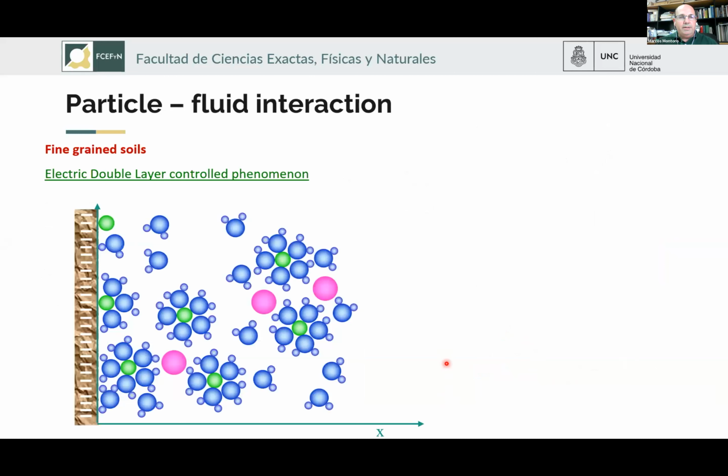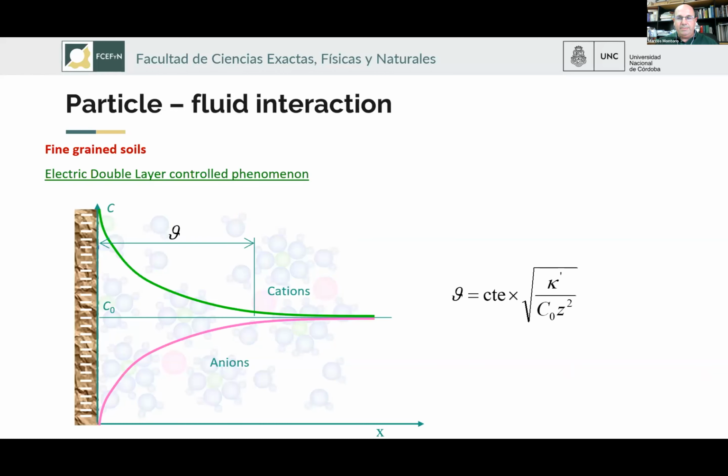On the other hand, in fine-grained soil systems, particle-fluid interaction is mainly controlled by the unbalanced negative electrical charges that are present on the faces of clay mineral particles. These electrical charges create an electrical field around the particles that affects water molecules, cations, and anions distributions that form the electrical diffuse layer around the particles.